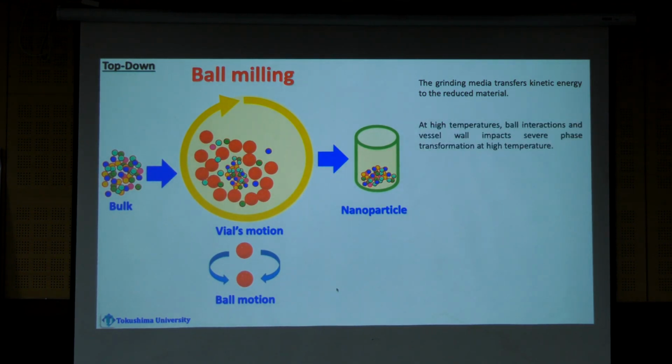Of course, you can also use ball milling at high temperature, and temperature might affect the synthesis of nanostructures. At high temperature, the ball interaction and vessel wall impact cause severe phase transformation.